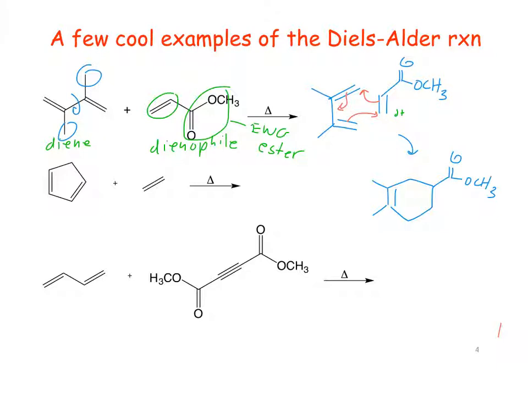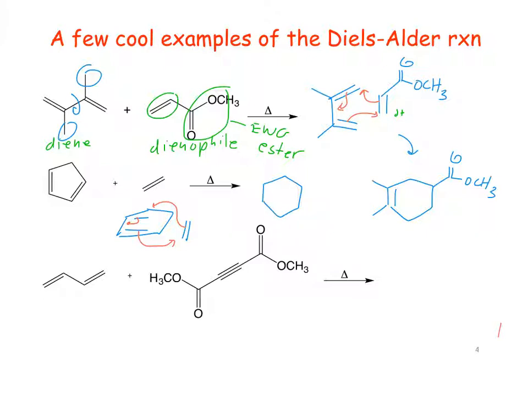Look at this one; it's kind of fancy. We have a cyclic diene, and it's going to react with our dienophile, which is just ethene now. But the same reaction is going to take place. This is going to go over here, this is going to go here, and this is going to go here. So what we're going to get, we can draw it in two different ways.